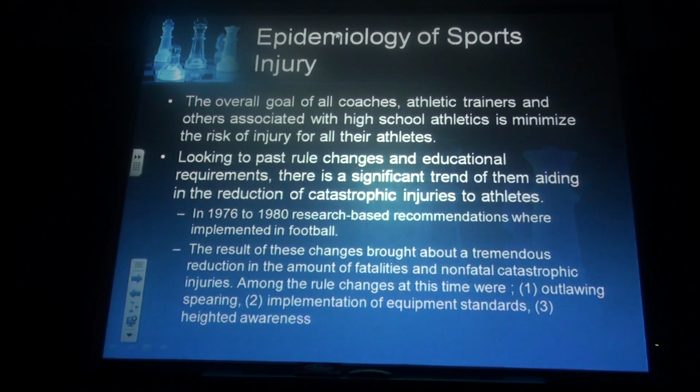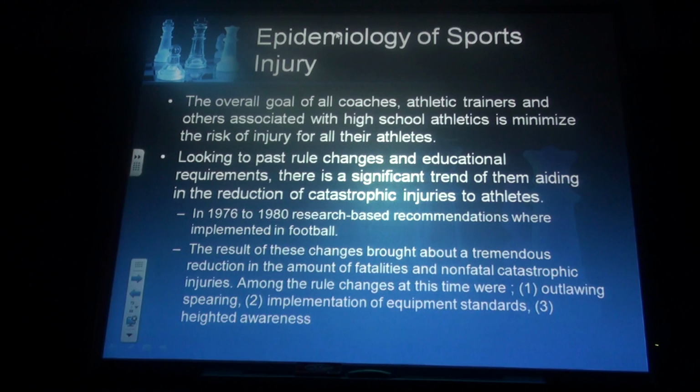Like in 1976 to 1980, research-based recommendations were implemented in football. So basically, they did research and decided, hey, here's some changes we need to make. The result of these changes brought about a tremendous reduction in the amount of fatalities and non-catastrophic injuries.